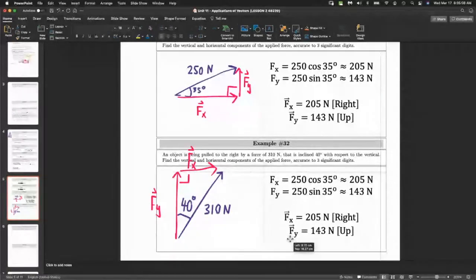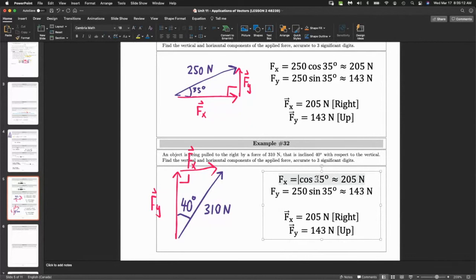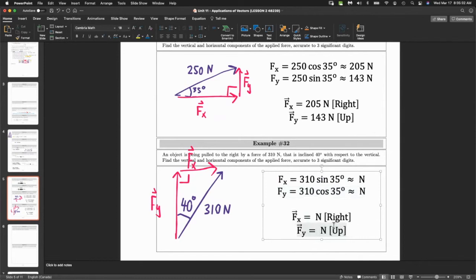Because if you look at SOHCAHTOA, opposite, adjacent, etc., this time the cosine refers to the y direction and the sine refers to the x direction. I'm not using the CAST rule here. I'm not using the fancy stuff that we did before. I'm just using very basic triangles.